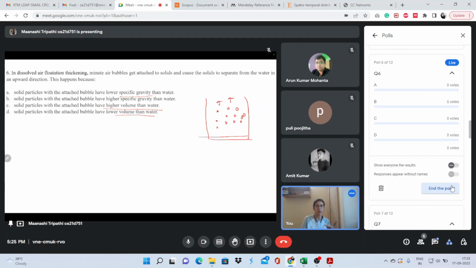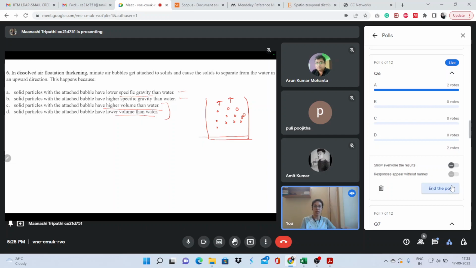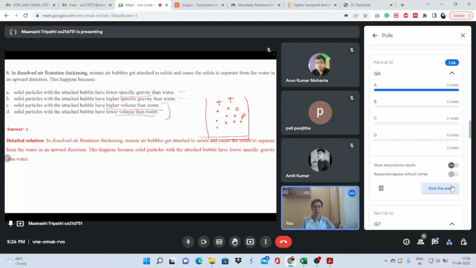Anything that floats above water has lower specific gravity than the water. So volume doesn't play a role here. Here specific gravity plays the role. So answer could be between these two. Yes, correct, 100%. So what will be the answer of this question? Yes, all of you are correct.